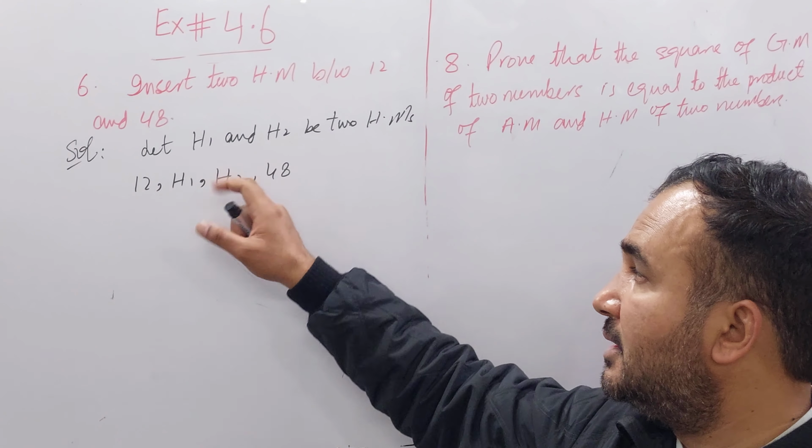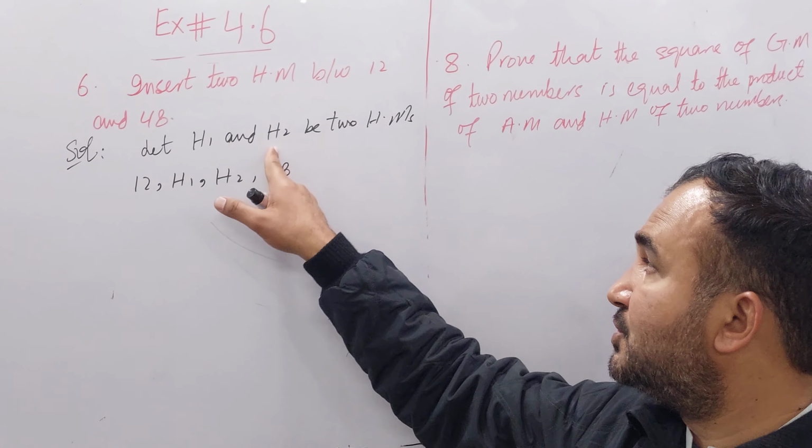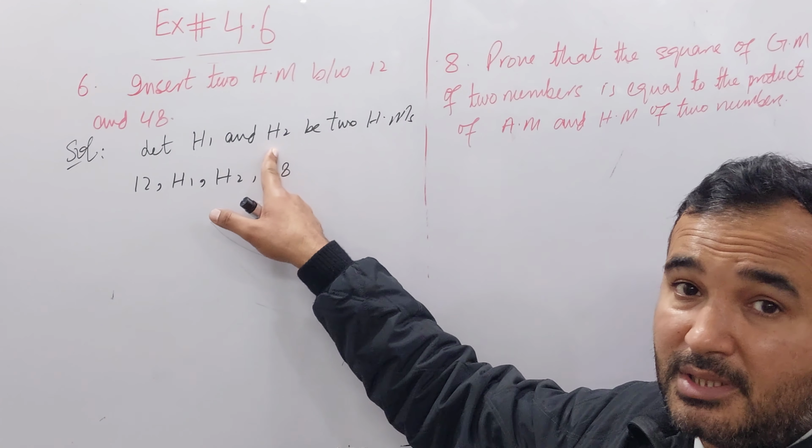Let h1 and h2 be the two harmonic means. Then 12, h1, h2 and 48 will be in harmonic progression. So to solve for h1 and h2, we have to convert this sequence into an arithmetic progression.